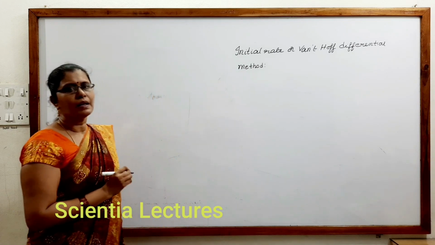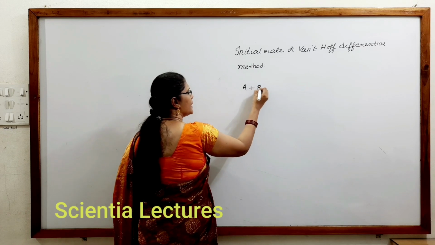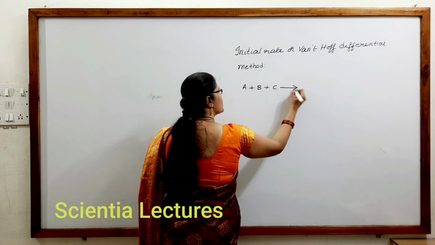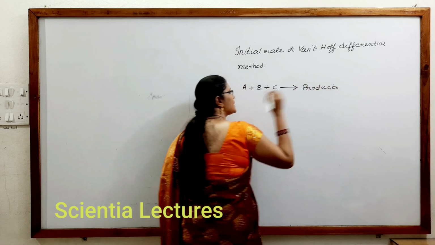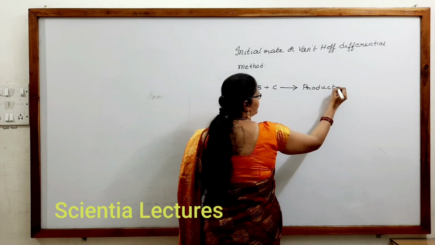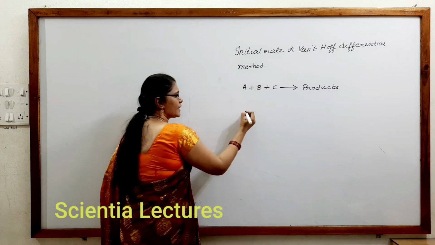For example, if a reaction is given as A plus B plus C gives products, which is in a single elementary step, then what is the rate law to be written?